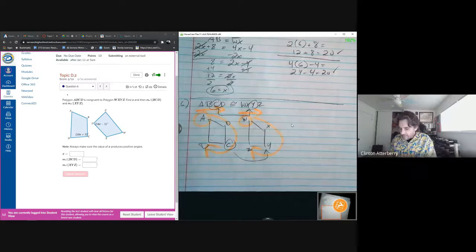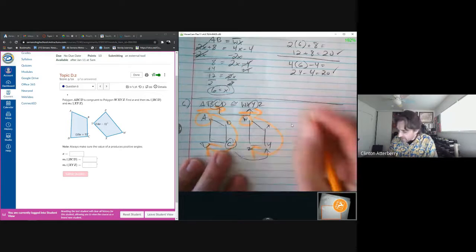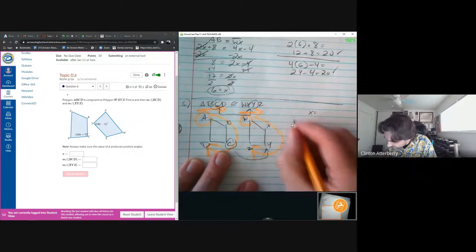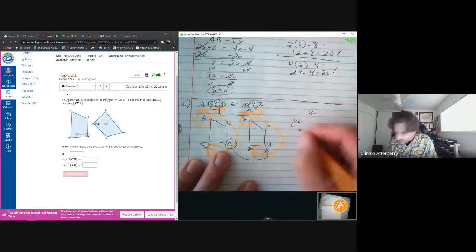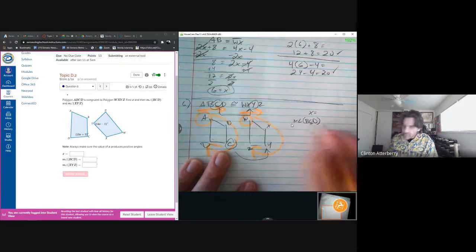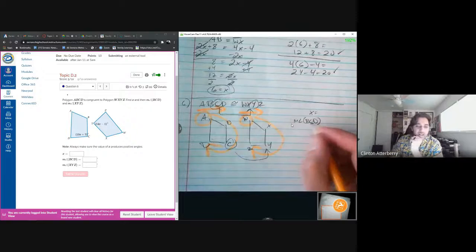For this one, they want us to find, once again, x. They want us to find the measure of angle BCD, which, for the way they write these angles, the middle is always the vertex point, and the letters next to it are the letters around it.